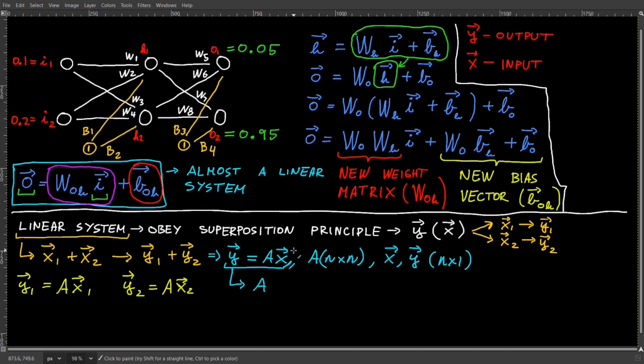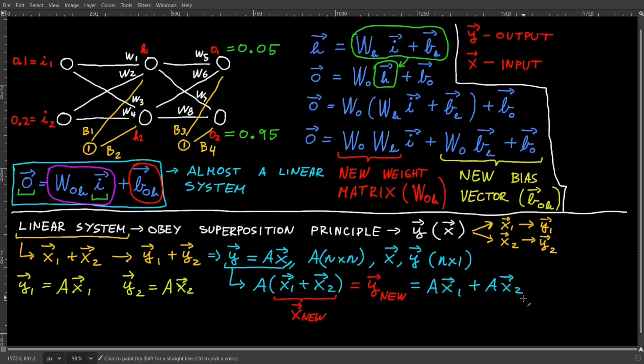A times, and then instead of x, I will have x1 plus x2, so this is my new input. That will give me a new output, which will be this plus this. You can see that this one here, that's y1, and this one here, that's y2, which means that the superposition principle holds here. That's because we had no bias in this system.